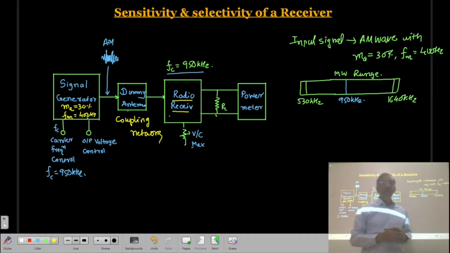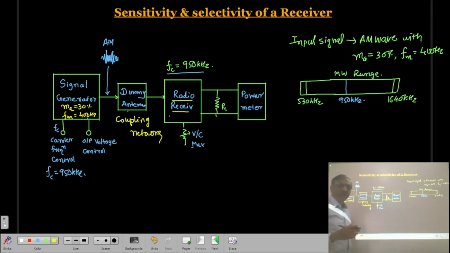And if the impedance is not matched, then when the signal is transferred from the signal generator to the radio receiver, there will be a loss of the signal. Basically, here we apply a signal which is on the order of a microvolt. And if there is a loss of the signal, then you cannot measure the accurate value of the sensitivity.